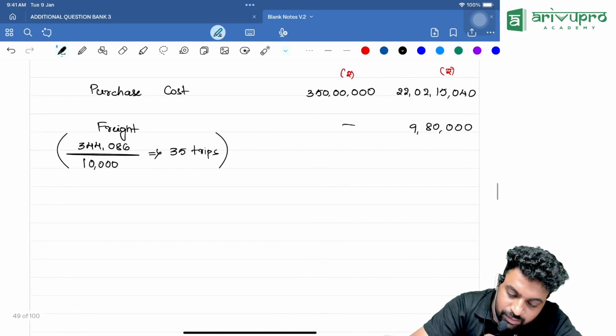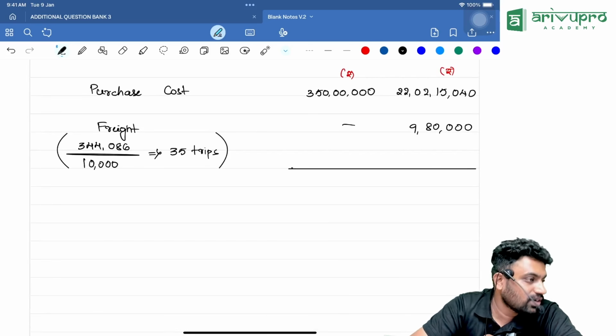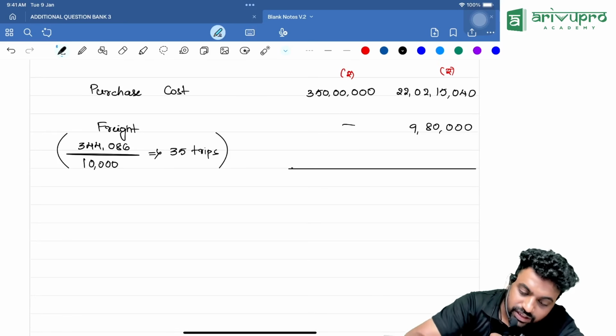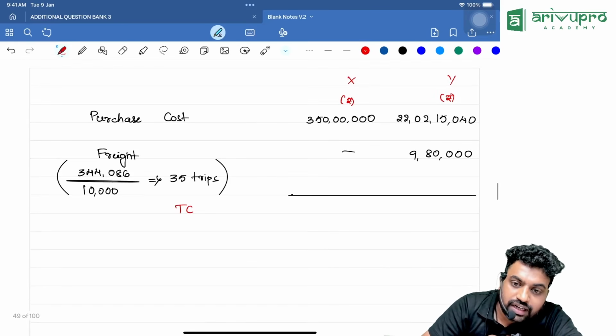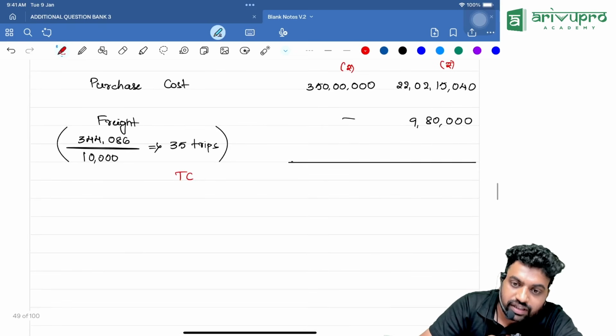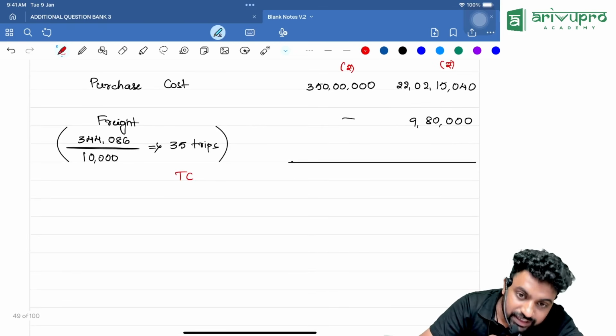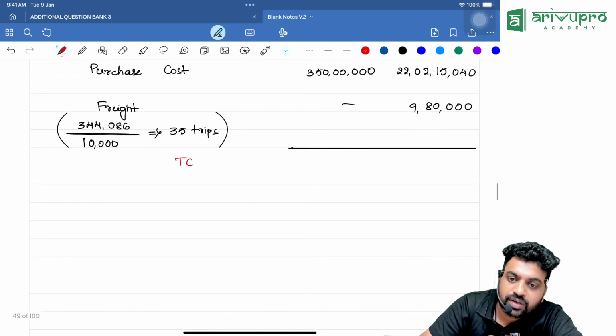Remember, your freight cost is nothing but your ordering cost for the product Y. Now, total cost here: we are not calculating cost of inventory, we are calculating rate per unit, which means whatever we spent divided by number of kgs. Carrying cost and all won't form part of the answer. That is for decision making.